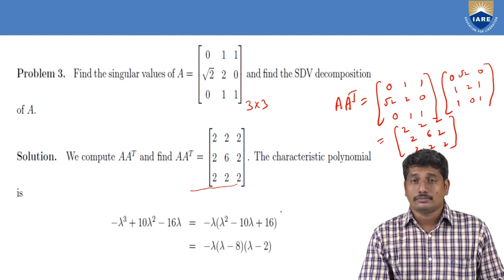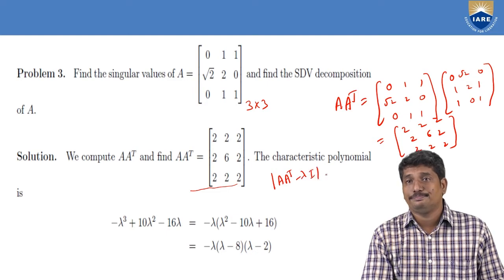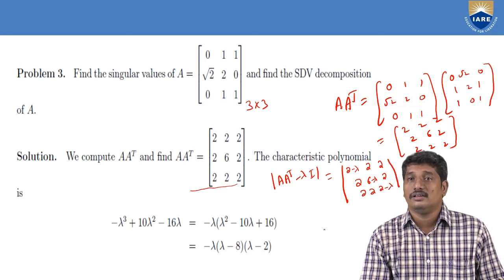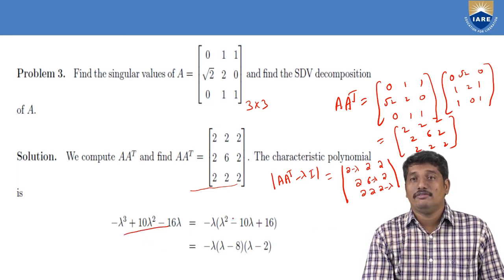Now, by writing the characteristic polynomial formula, determinant of A into A transpose minus lambda I, we have 2 minus lambda, 2, 2; 2, 6 minus lambda, 2; 2, 2, 2 minus lambda. By expanding this determinant, we'll get this equation, and we can factorize.